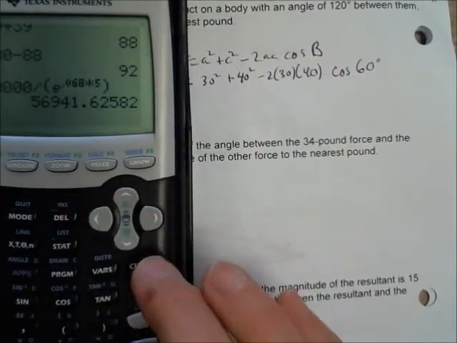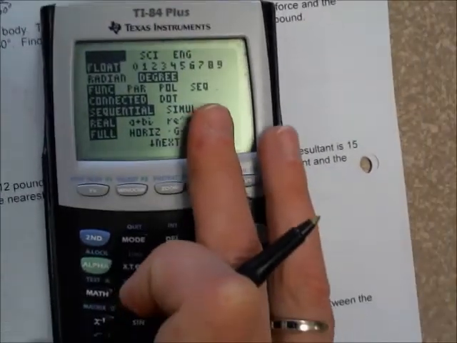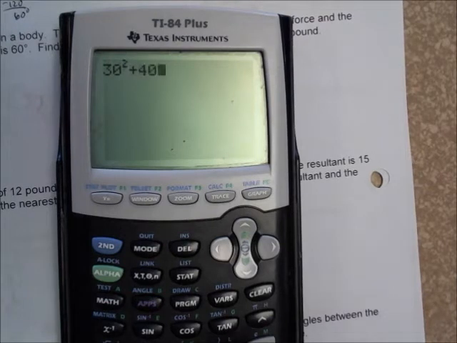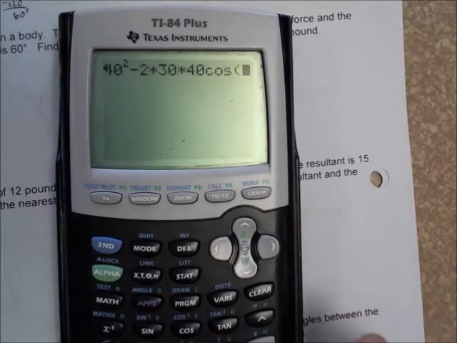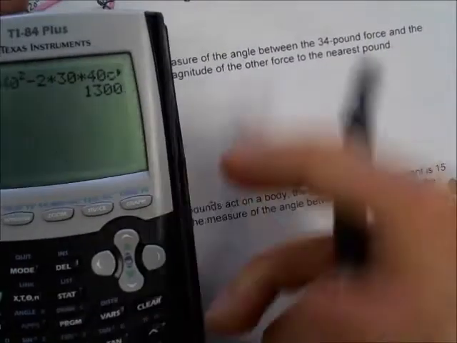Make sure the mode is set to degree mode. And then we just plug it into our calculator. 30 squared plus 40 squared minus 2 times 30 times 40 times the cosine of 60. And b squared is 1300.